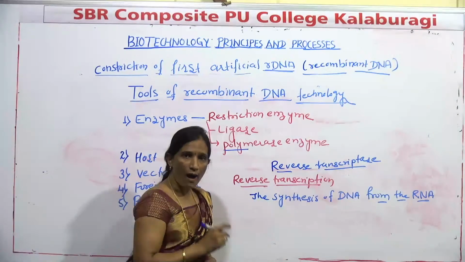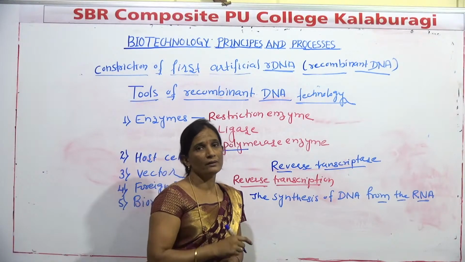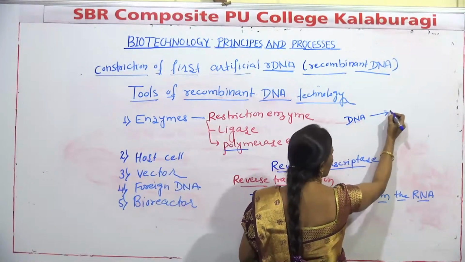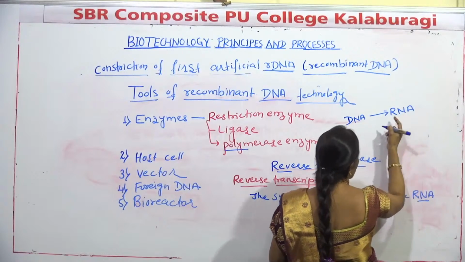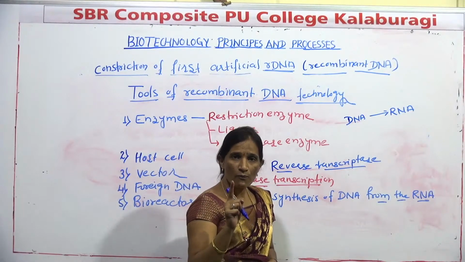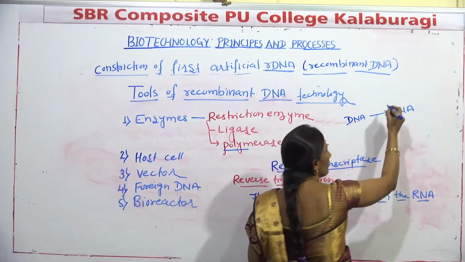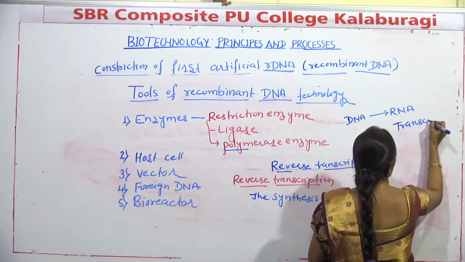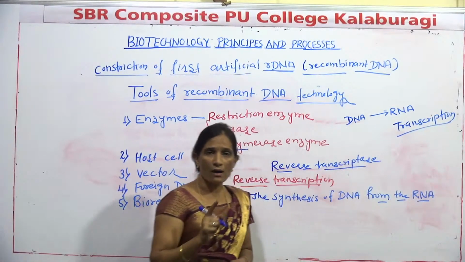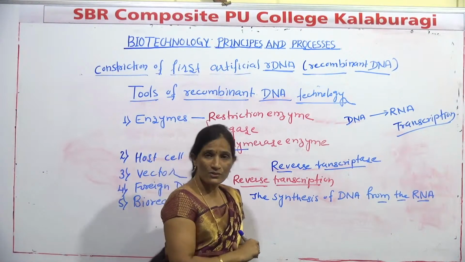You know very well, RNA is always synthesized from the DNA. The central dogma of molecular biology says that RNA is synthesized from the DNA. The biosynthesis of RNA from the DNA is called transcription.